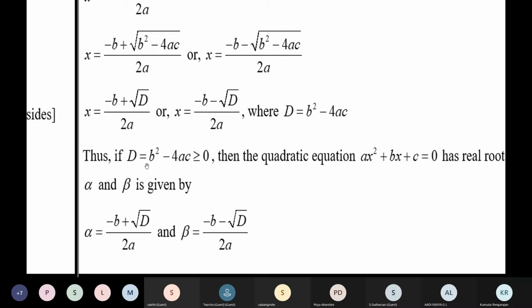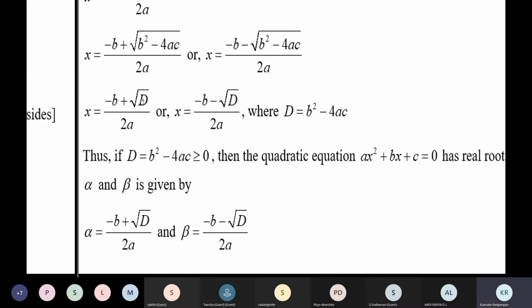When the discriminant is negative, that means the given quadratic equation will have no real roots. When the discriminant is 0 or positive, the given quadratic equation has real roots.